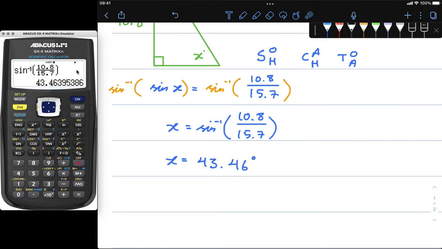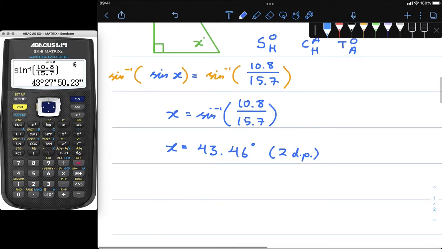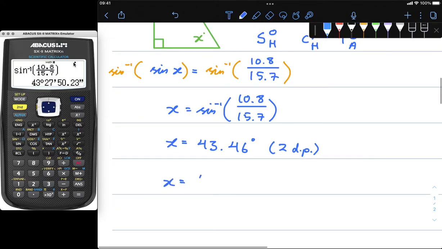Now if you leave this in the decimal place as is shown here, we round it to 2 decimal places, leaving it in decimals will always be in degrees. However, we can convert it to degrees, minutes, and seconds. So we could also write this as x is approximately 43 degrees and rounding to the nearest minute, which would be 28 minutes.